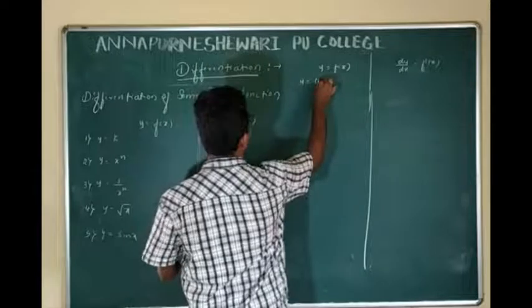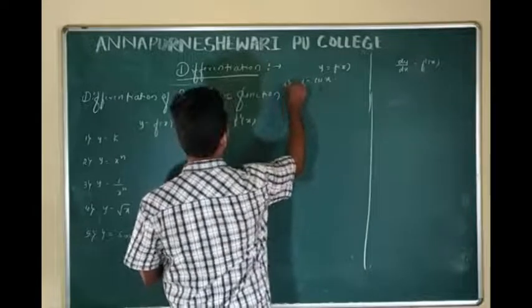Y equal to cos of x, this is the sixth one.